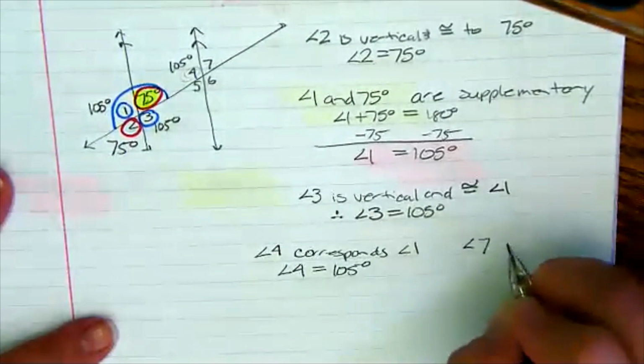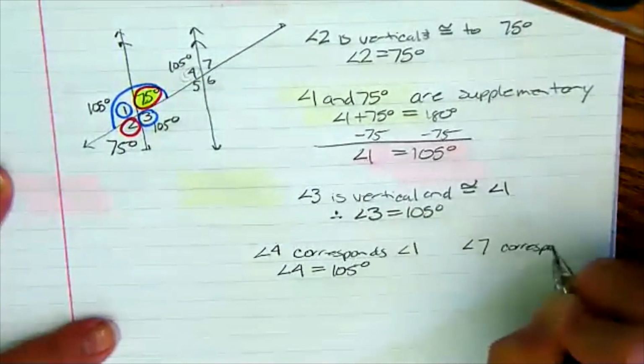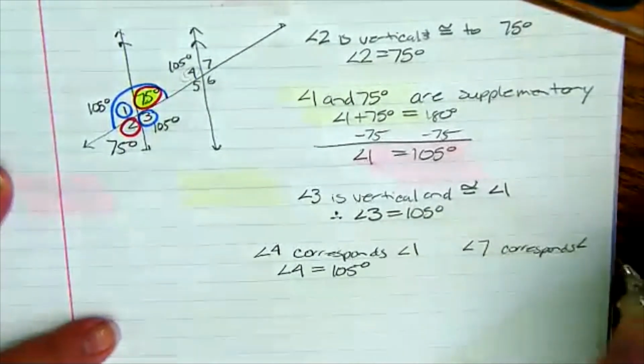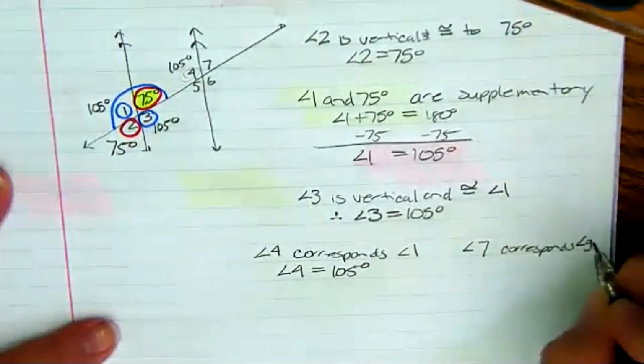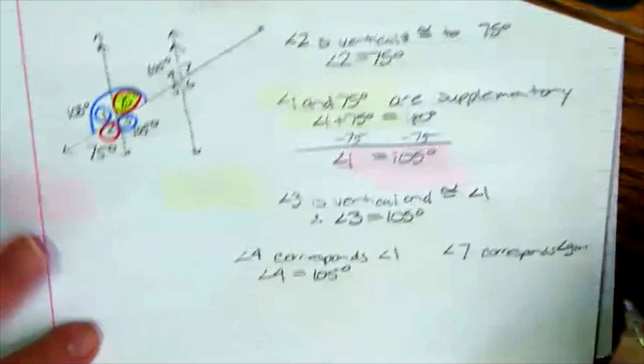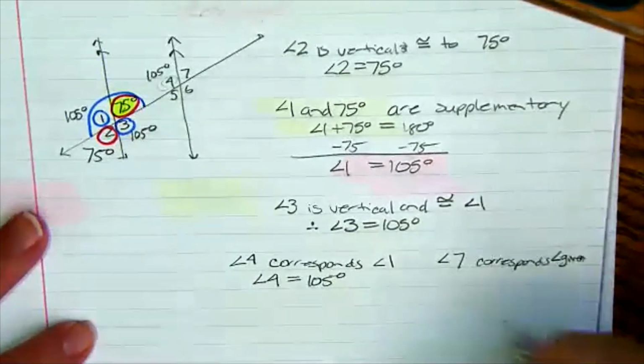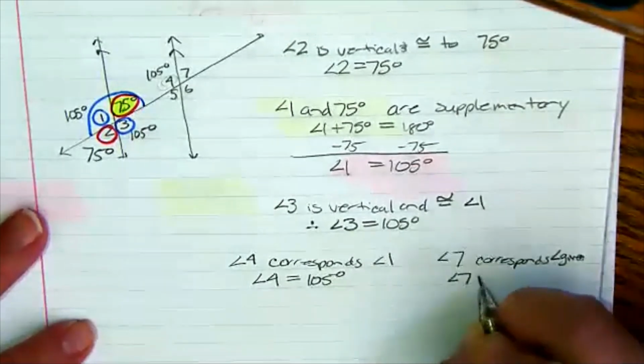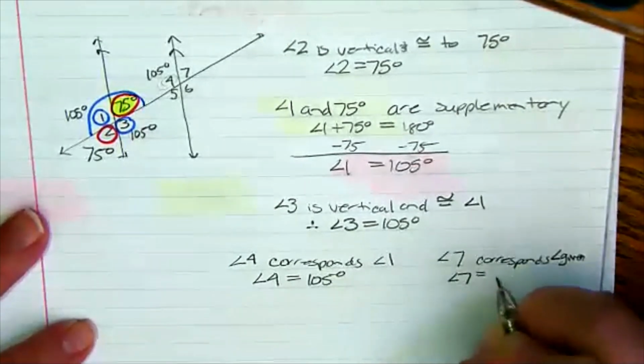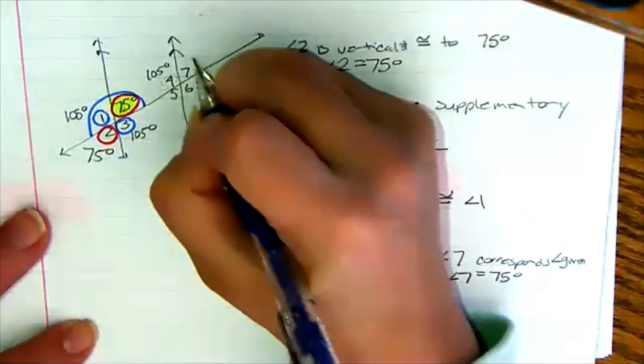Angle 7 corresponds to the given angle. Therefore, angle 7 is equal to 75 degrees.